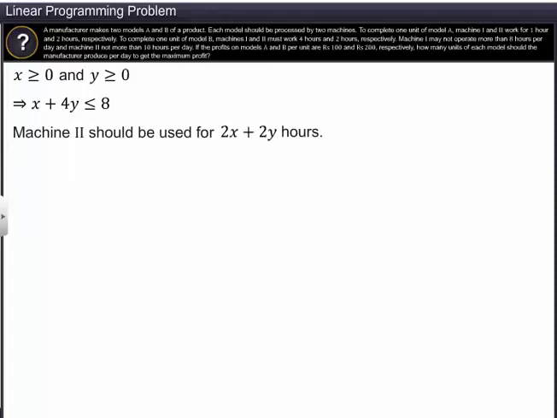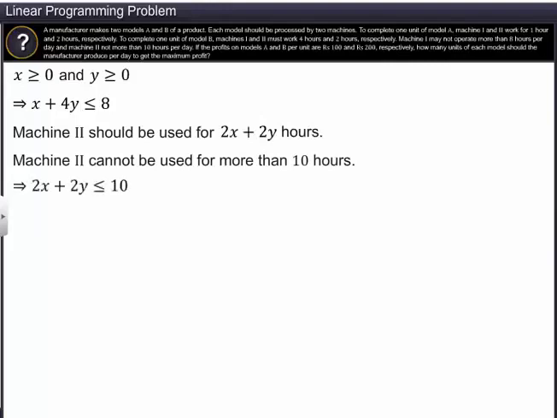Given that the second machine is used for 2 hours to complete 1 unit of model A and 2 hours to complete 1 unit of model B, and it cannot be used for more than 10 hours, it implies that 2x plus 2y is less than or equal to 10.